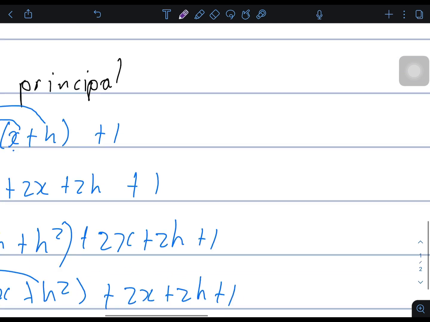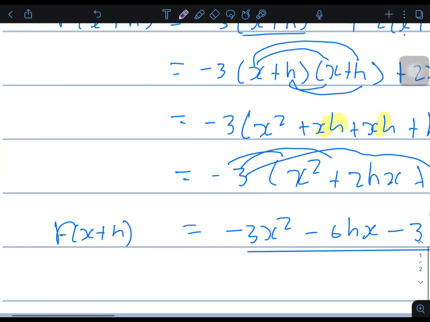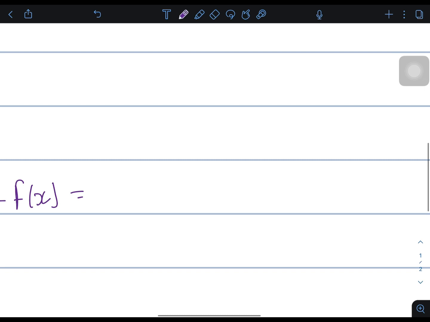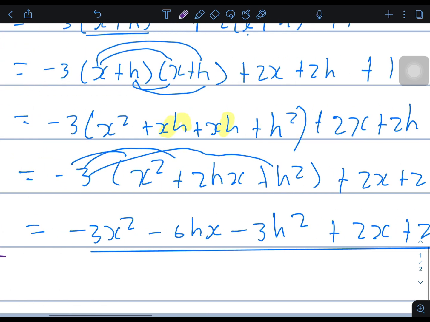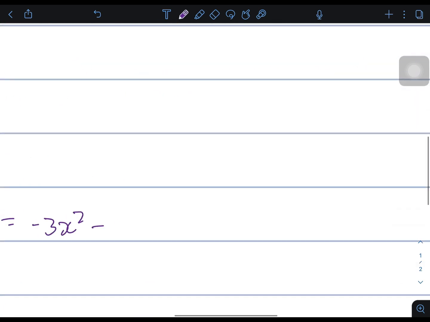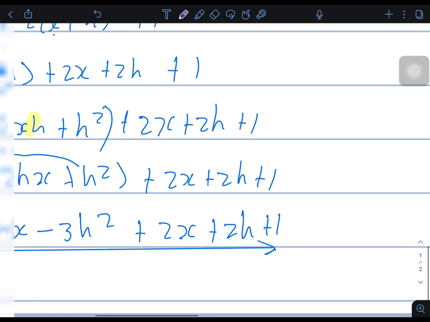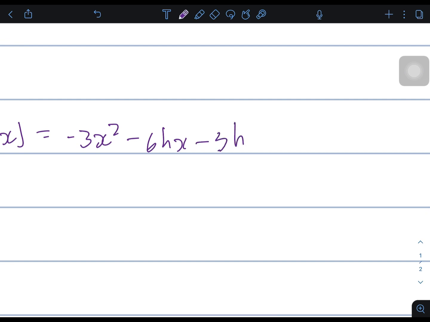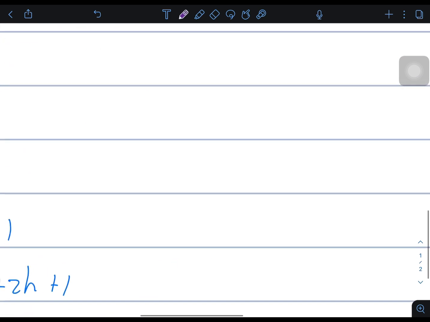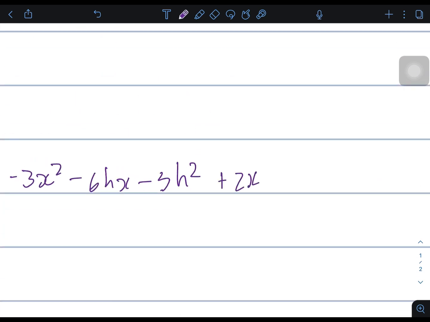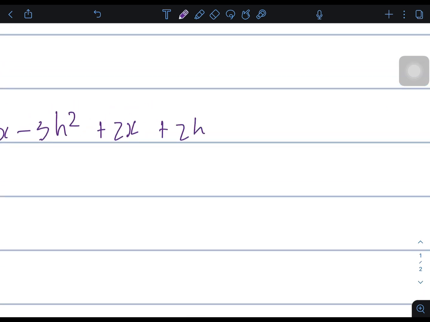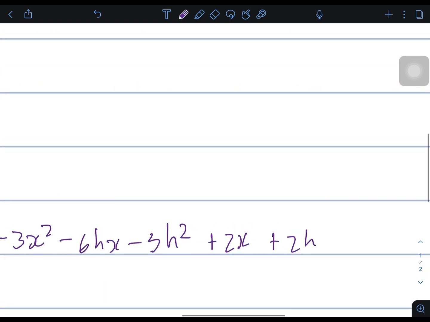So for f of x plus h, I substitute what we found: minus 3x squared, minus 6hx, minus 3h squared, plus 2x, plus 2h, and plus 1.